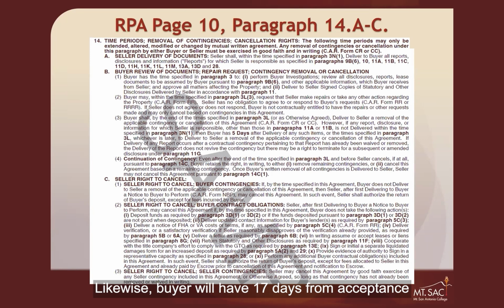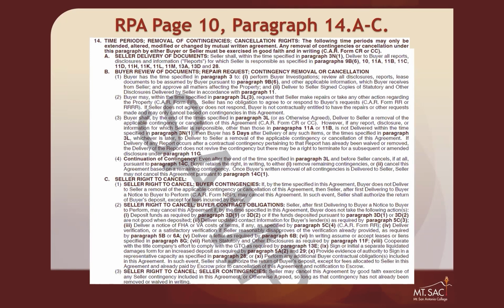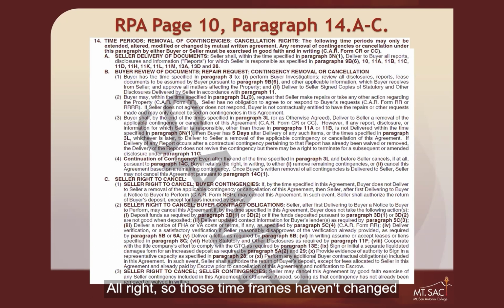Likewise, buyer will have 17 days from acceptance or 5 days after receipt, whichever is later, to cancel based on what they've received. All right. So those timeframes haven't changed, right? Except the numbers or the actual times or periods are specified in paragraph 3. Here just gives meaning to those words.